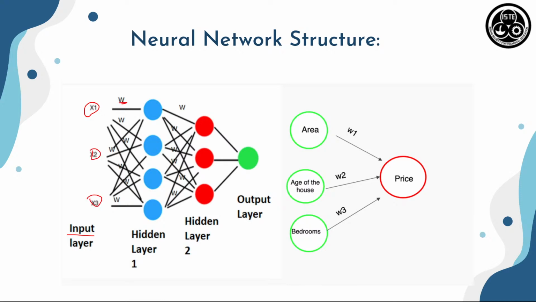These circles are called nodes, right? These are called input features. This whole thing is the input layer. These are different weights. This is a node. This is again a node. This is again a node. And this is a weight. The weight will determine how much this feature affects the other node.